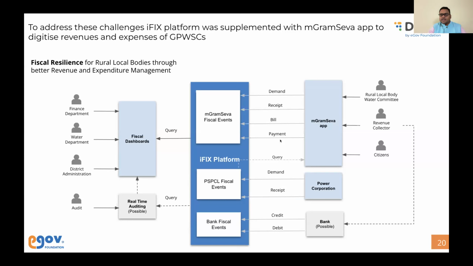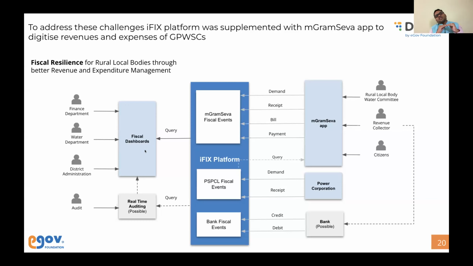So like I said, electricity is 60%, but they also pay salaries, they pay maintenance fees or operations in terms of ensuring that the pumps are working, the pipelines are without any leaks, etc. So for delivering water, they have a set of expenses, and payment against those bills are tracked here. So all this information from mgram Seva through standardization with the right set of attributes are actually pushed to the iFix platform, from where they're queried by the fiscal dashboards.